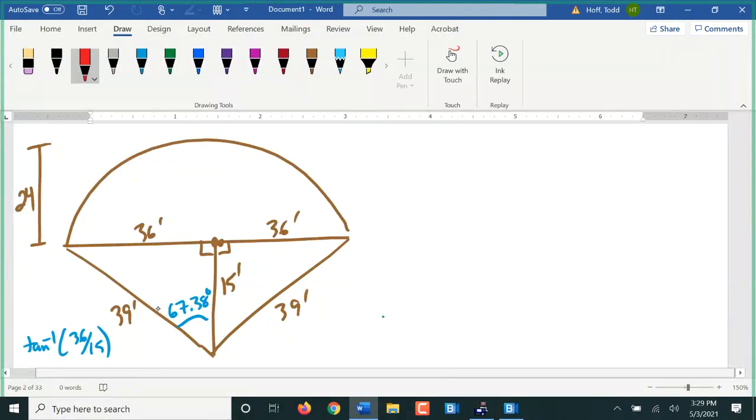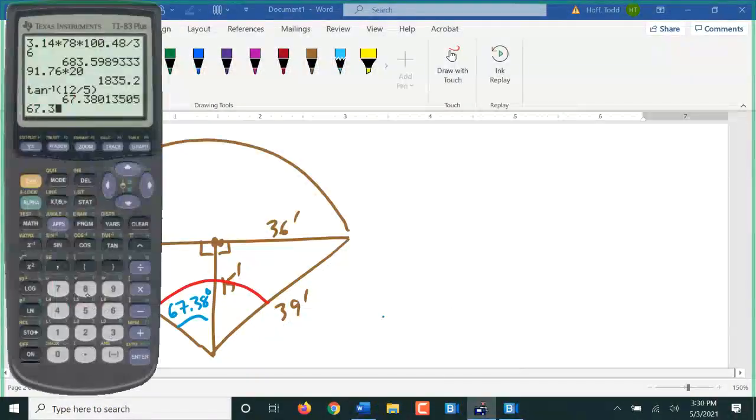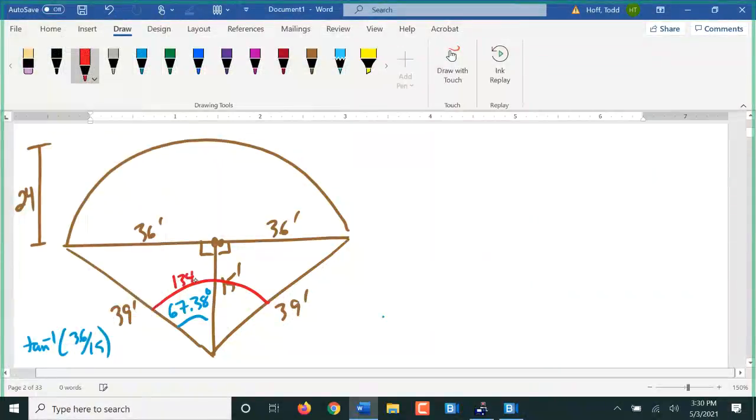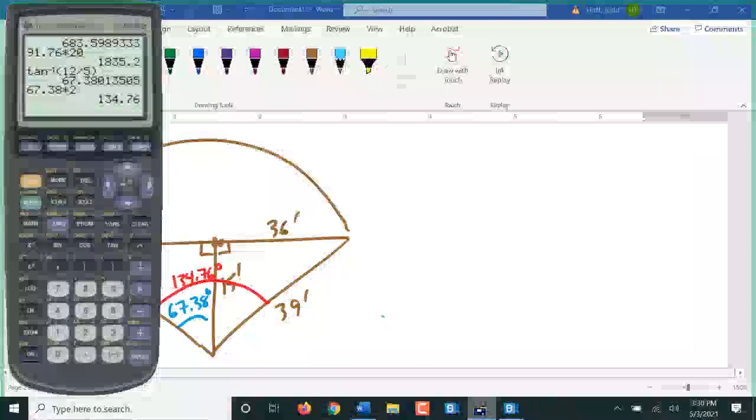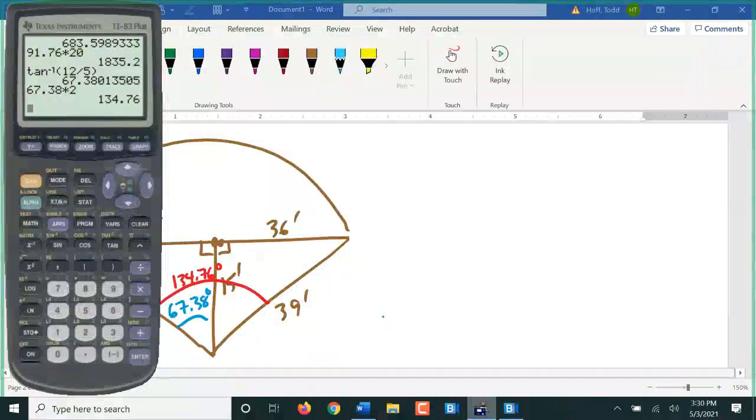Of course, the angle we really want is this full angle, 134.76.